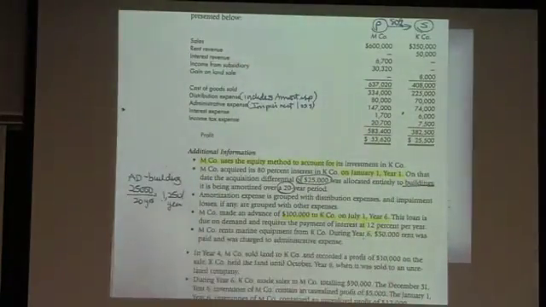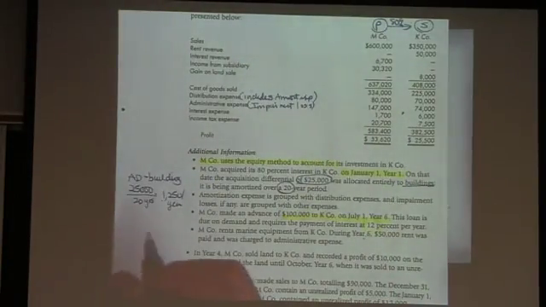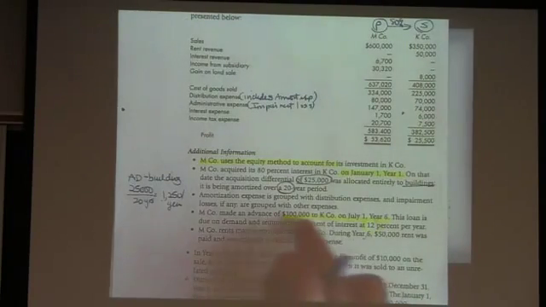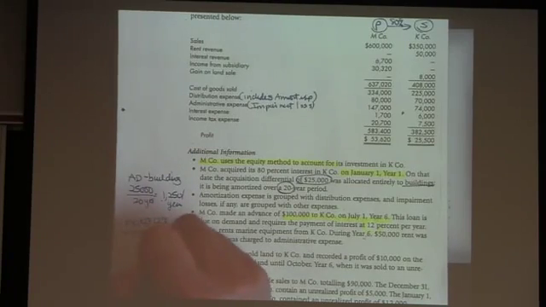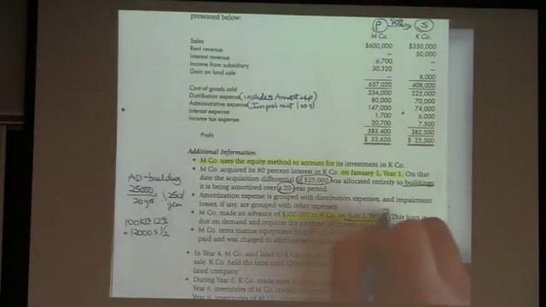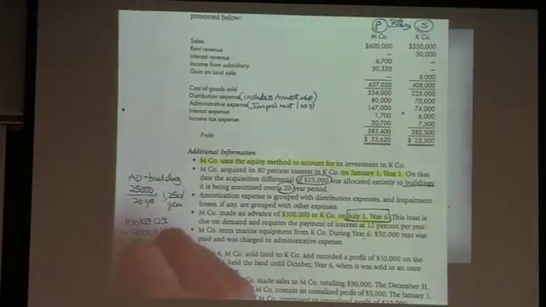So we need to calculate what that is. $100,000 at 12% gives me $12,000 of interest, times 1/2 because it's half a year, gives me $6,000.